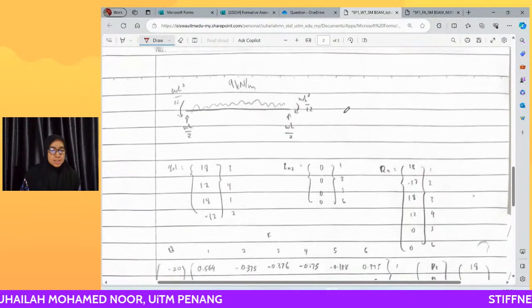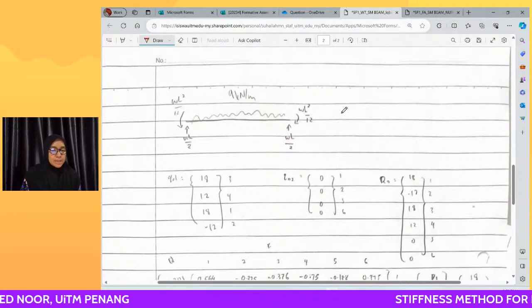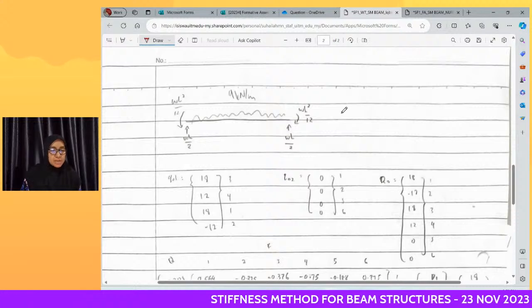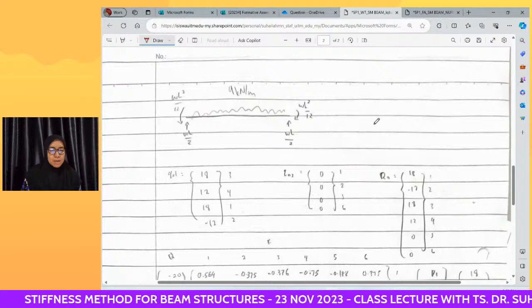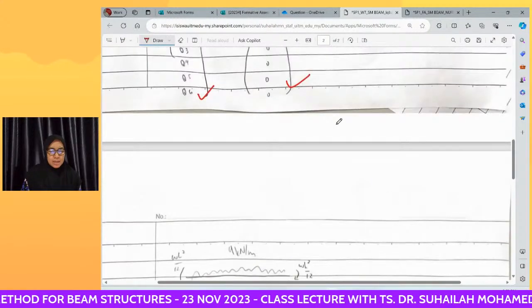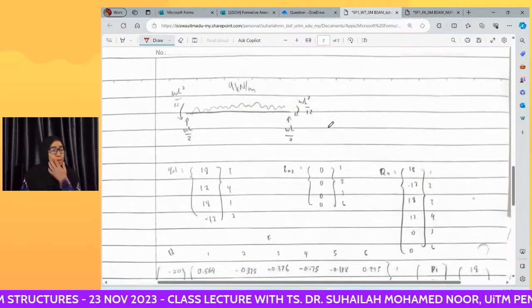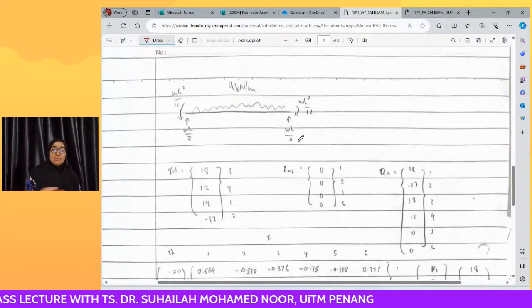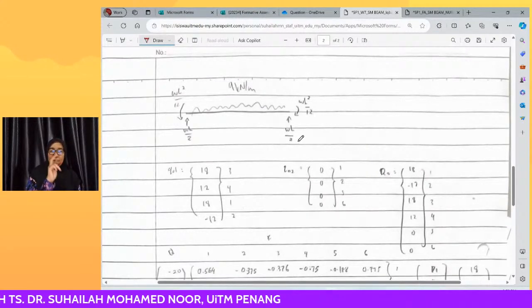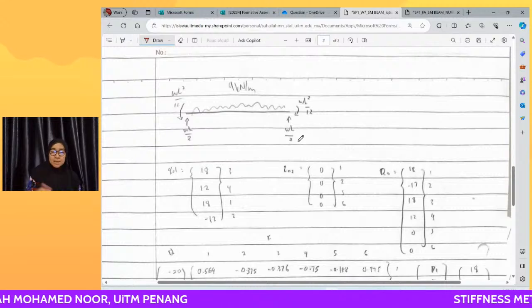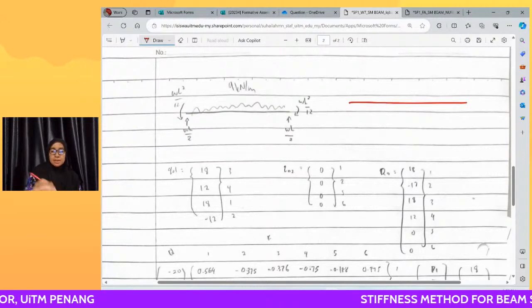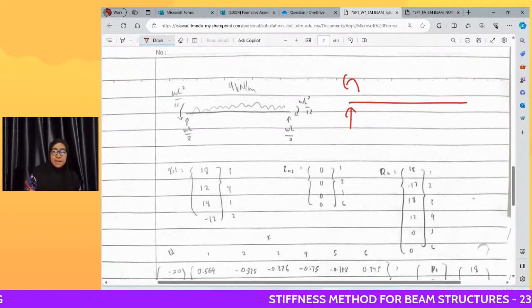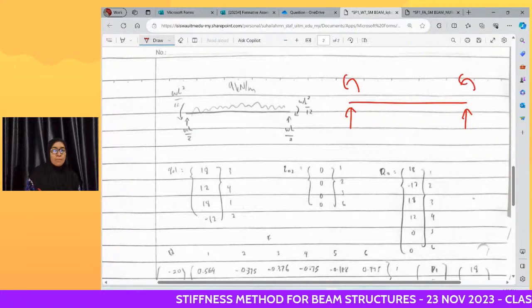This is how we calculate the equivalent element nodal forces. Normally when we want to do this, we have the other one so that it is easy for us to compare.